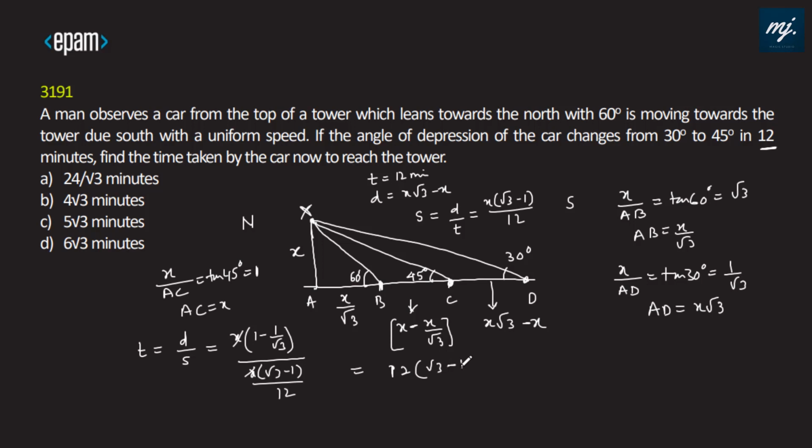Root 3 minus 1 by root 3, into root 3 minus 1 in the base again. So time would be 12 by root 3. Let me rationalize it. It will give us 4 root 3 minutes. The car will take another 4 root 3 minutes to reach the tower, that is option B.